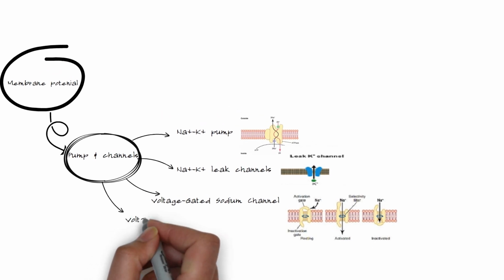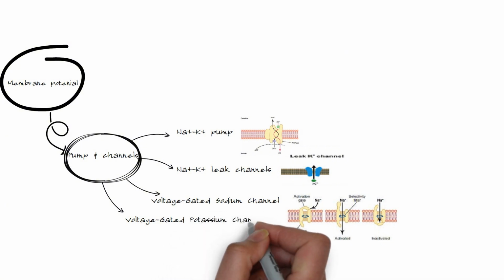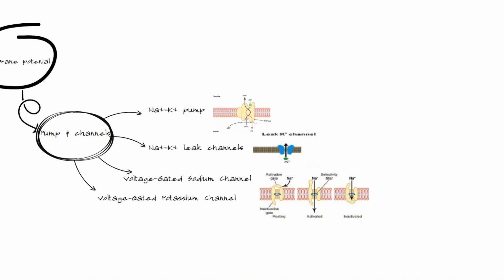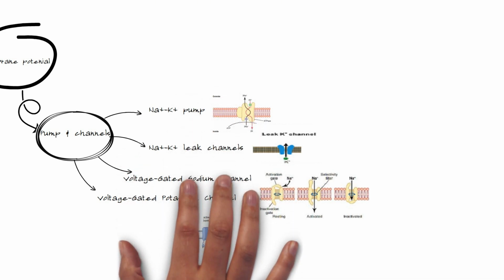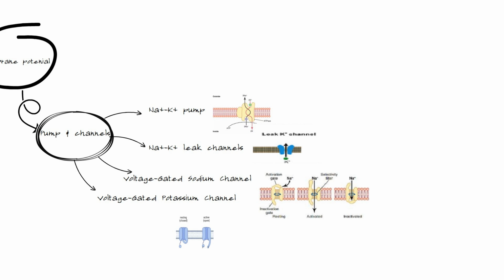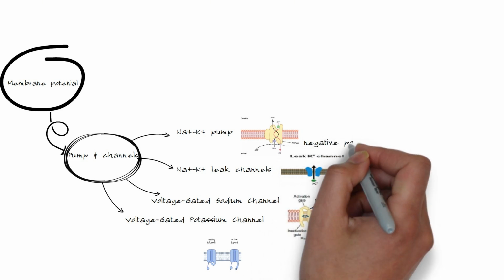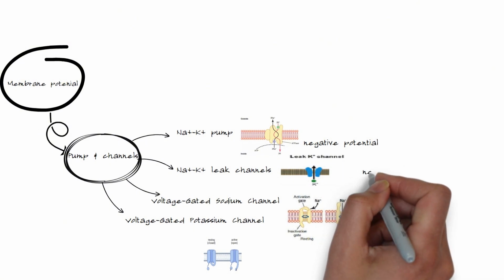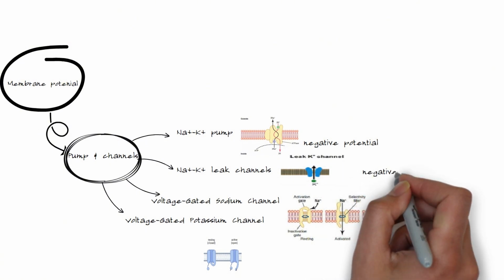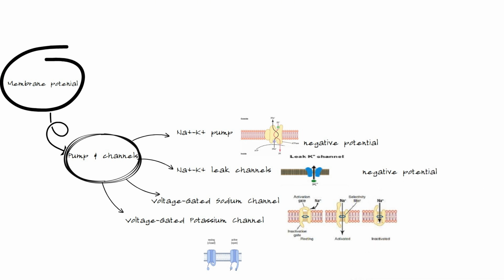Finally, the voltage-gated potassium channel, and when it's activated, it allows the movement of potassium outside the cell, keeping the potential negative. So, the sodium-potassium pump, the leak channel, and the voltage-gated potassium channel are responsible for changing the membrane potential to negative, while the voltage-gated sodium channel is responsible for changing the potential to positive.